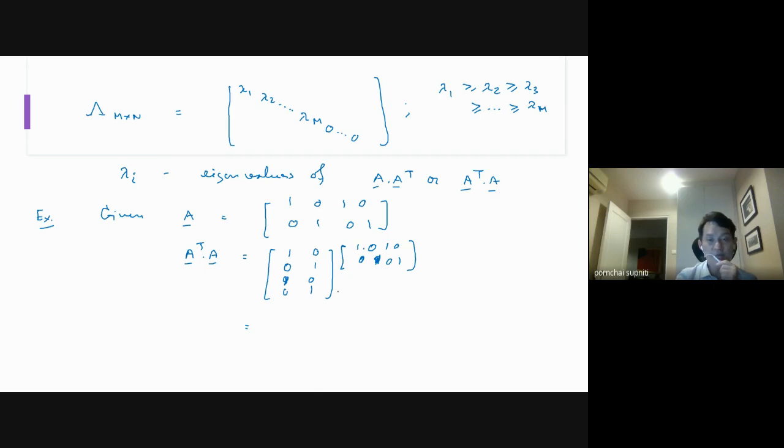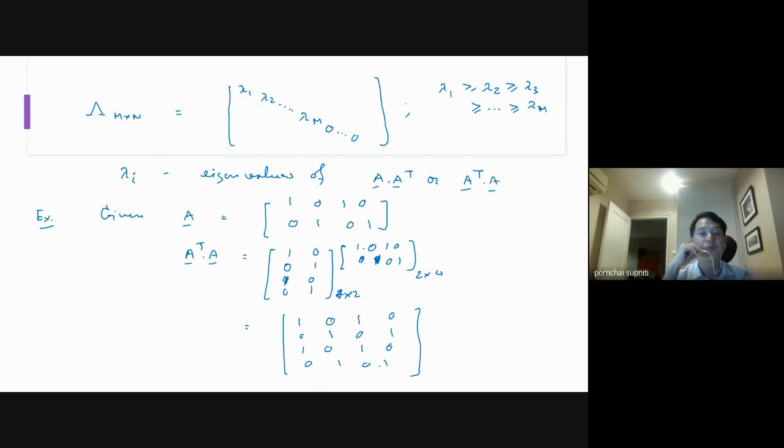So this is 4 by 2, and this is 2 by 4. So I'll get a 4 by 4 matrix, right? Okay. Let me just compute it, and you can check it later. So I'll get something like 1, 0, 1, 0, 0, 1, 0, 1, and then repeat 1, 0, 1, 0, 0, 1, 0, 1. Okay.